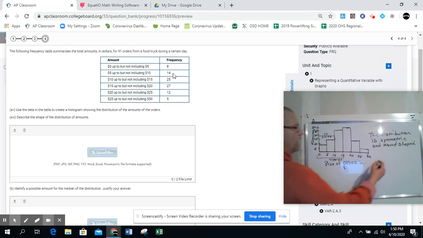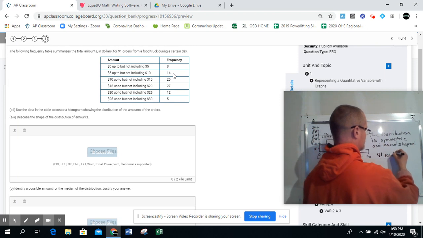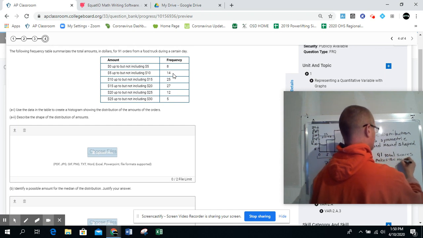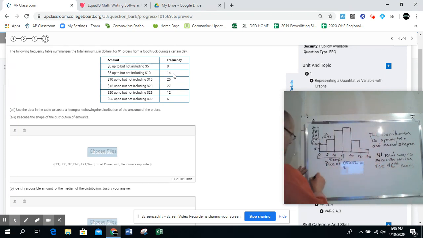Okay, and then we have 91 total scores. Makes the median the 46th score. Again, 91 is split up into 45 and 45.